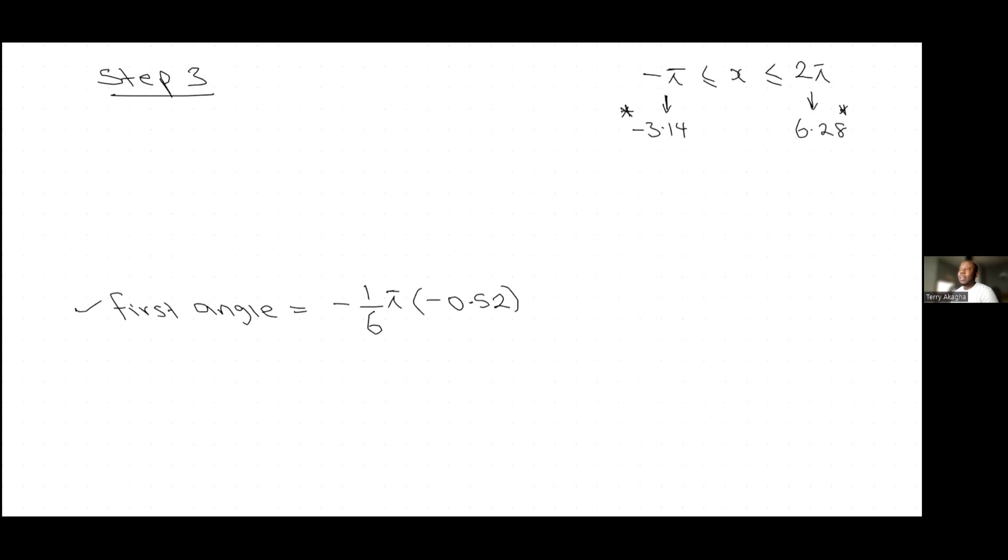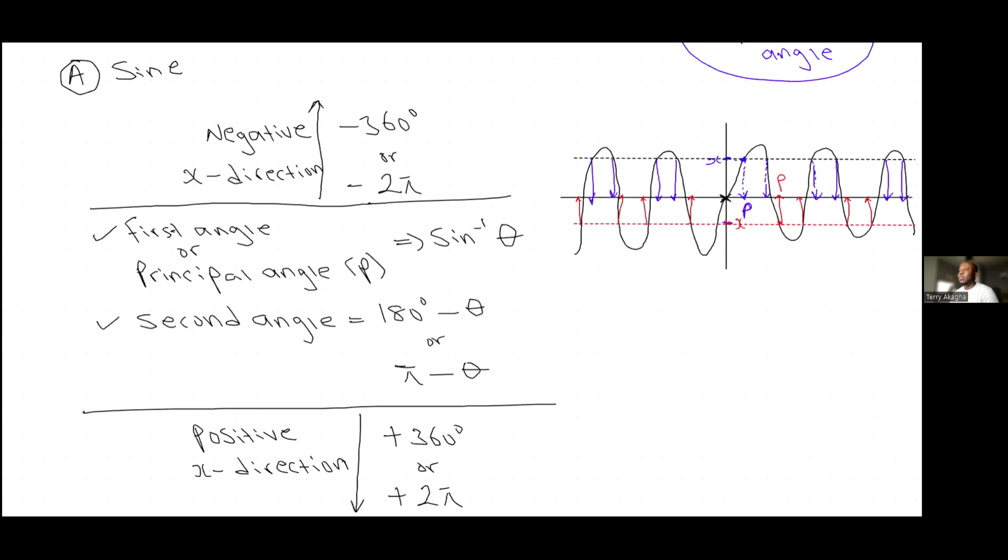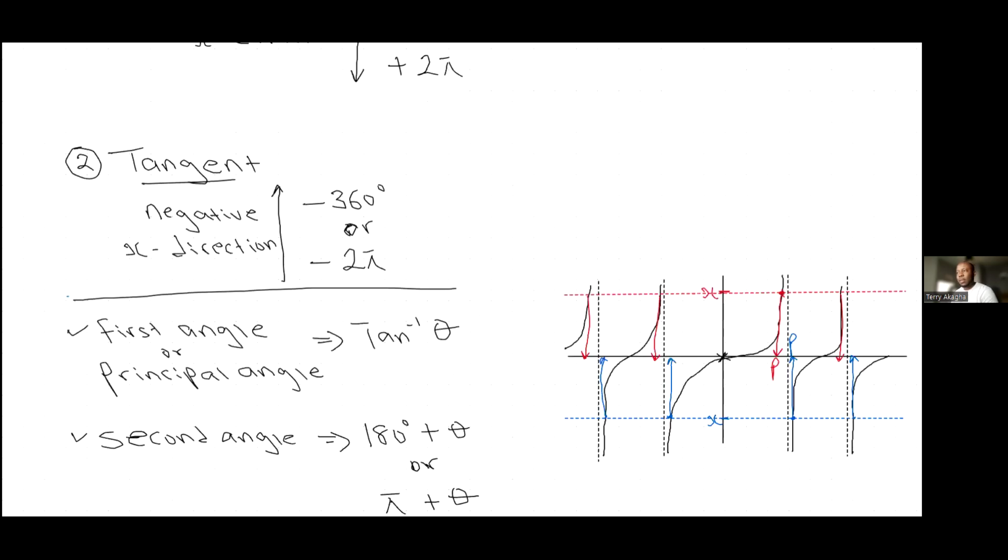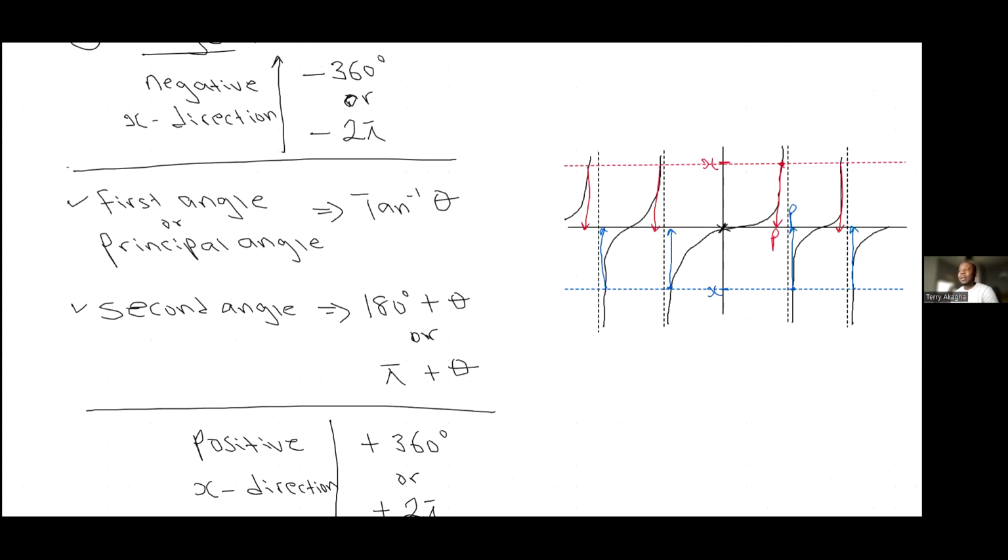Now, how do we get the second angle for tan? We're looking for tan now. So tan is equal to 180 plus theta, or pi plus theta. In this case, because we're working with radians, we're going to use pi plus theta.